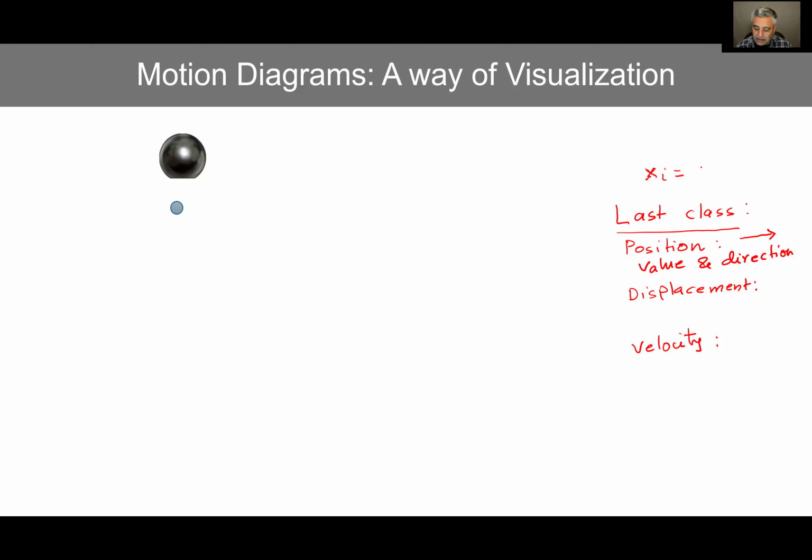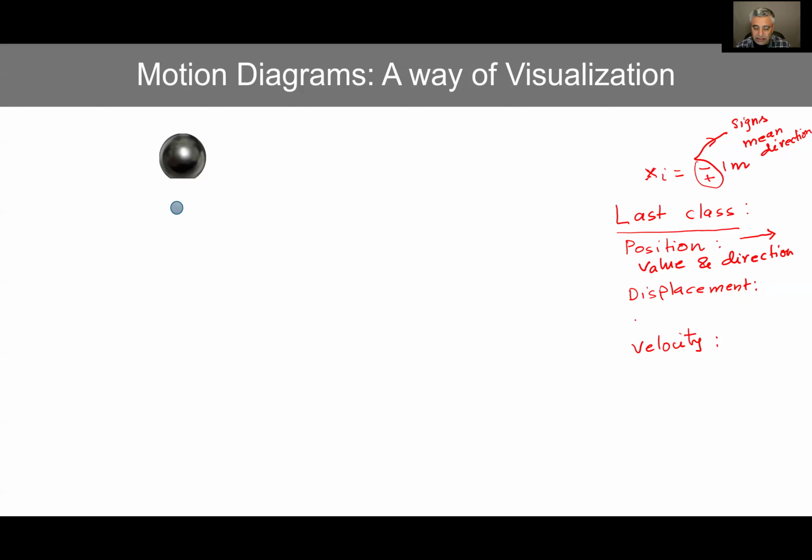And we can write that as, let's say, negative 1 meter or positive 1 meter. So these signs mean direction. So those are the main thing we learned.